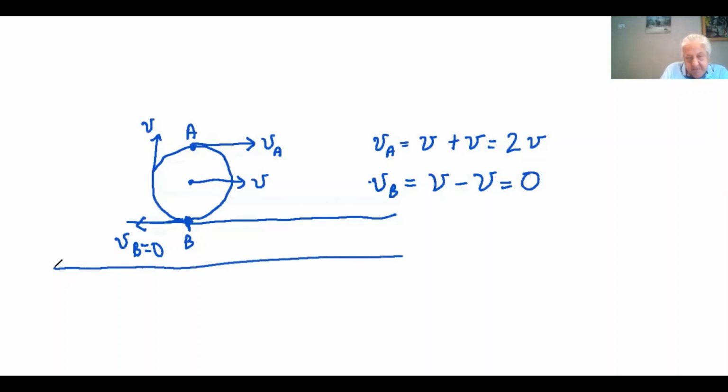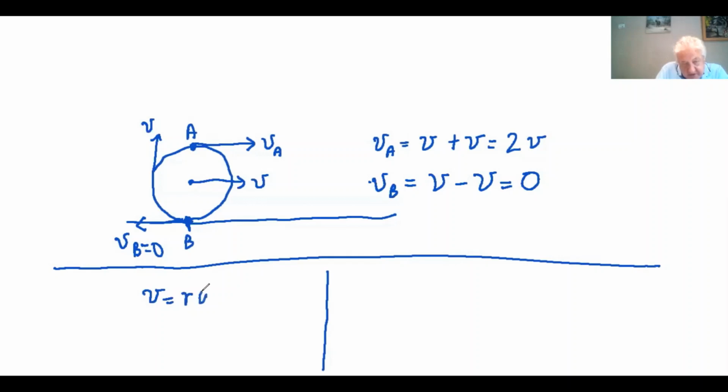To finish up, the accelerations. We've seen that the tangential velocity is equal to the velocity of the center of mass. What about the acceleration of the center of mass? So my velocity for the center of mass is equal to the tangential velocity, so it's r omega.